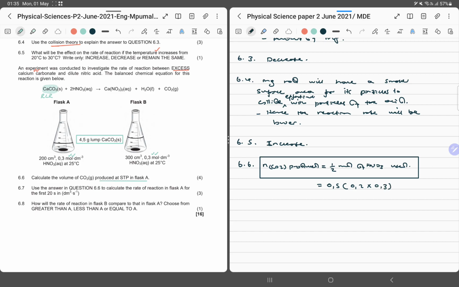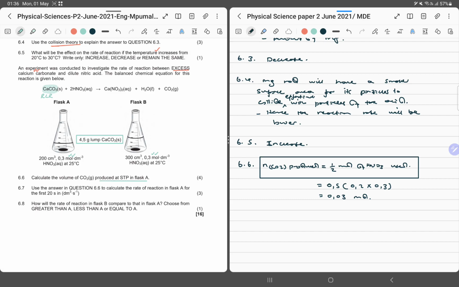It's a conversion of 200 centimeter cubed to a decimeter cubed. So we say 200 divided by 1000, we get 0.2. So 0.2 times 0.3 times 0.5. I'm getting 0.03 mole of carbon dioxide.